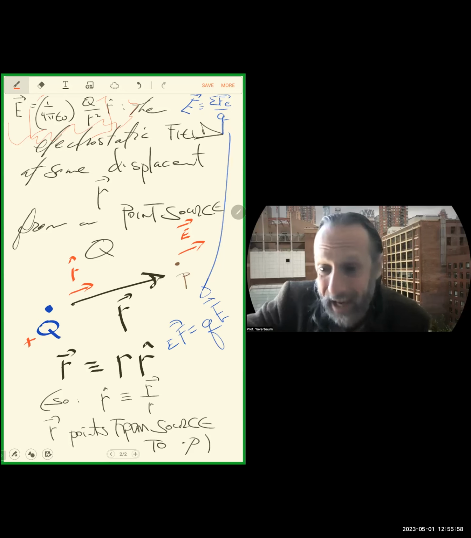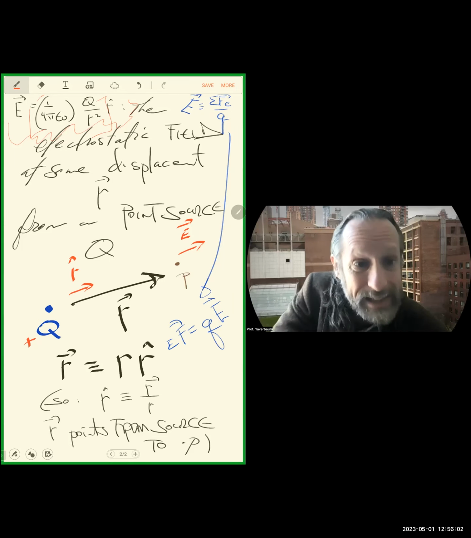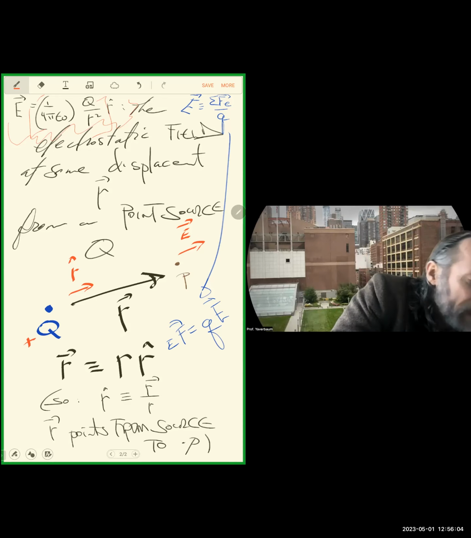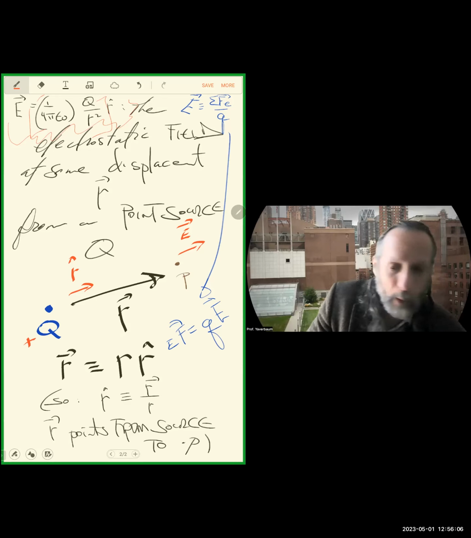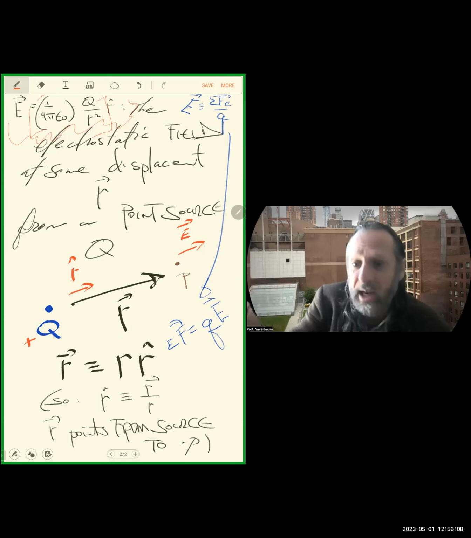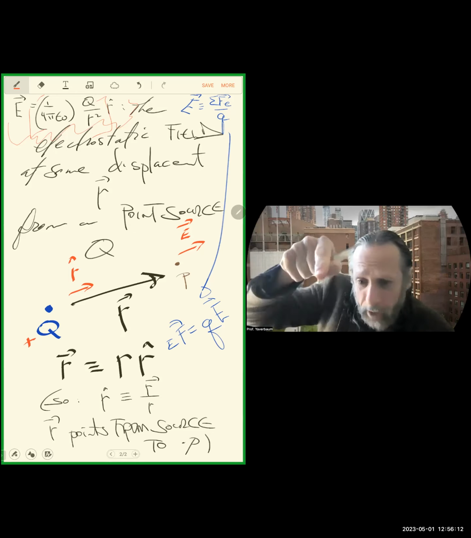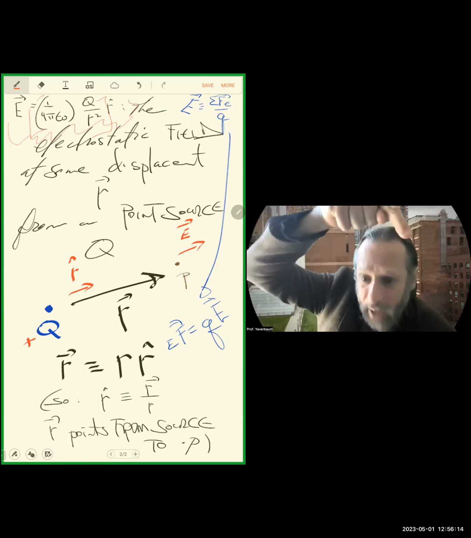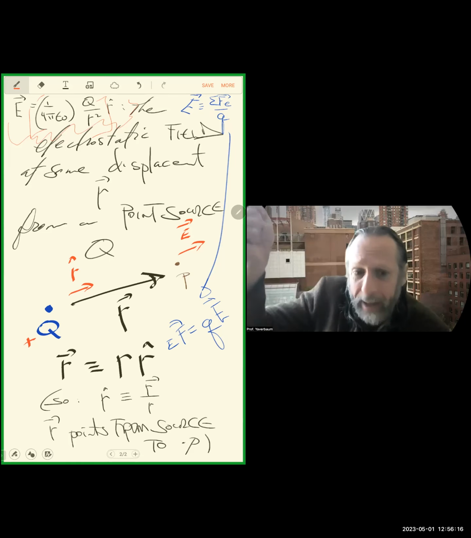Bottom line, what I'm trying to say, and I will move on, I promise, sort of, is that this E arrow that's sitting there at point P is a bundle of information. It's all of the information of the original charge magnitude and how far away and in what direction the original charge is.